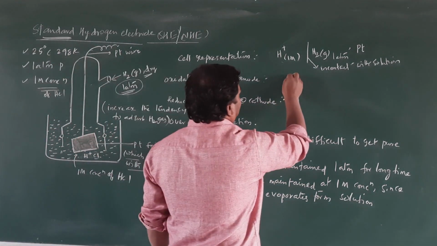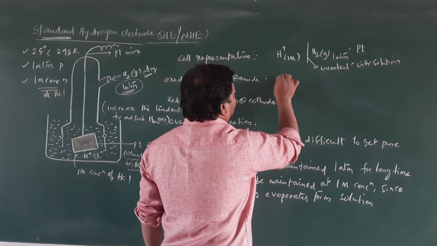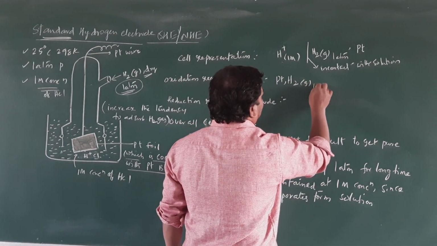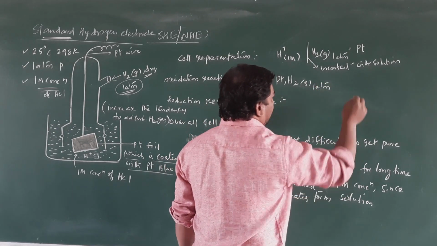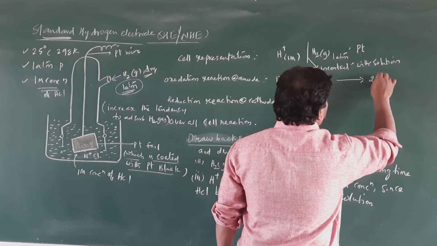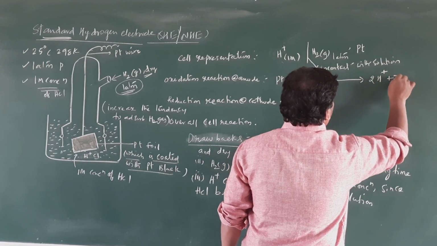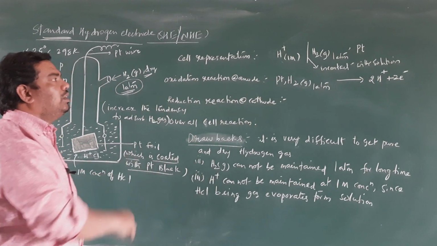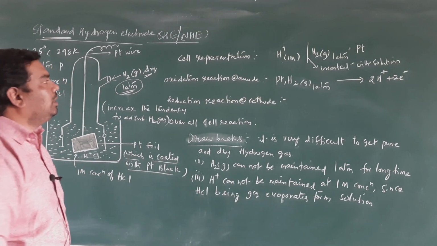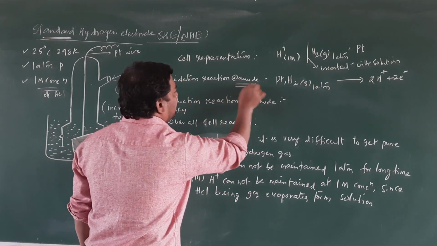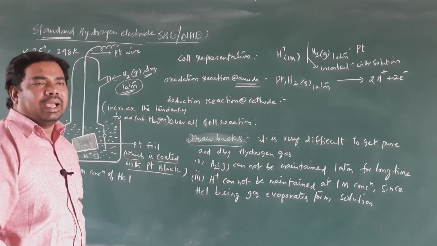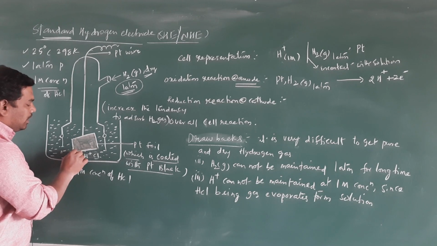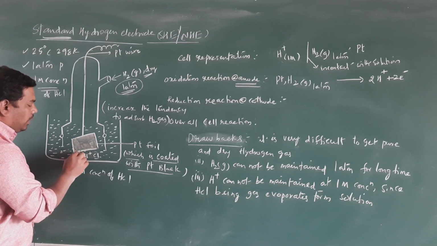Hydrogen gas at 1 atmosphere pressure is bubbled over the platinum wire, and it dissociates into H plus and releases 2 electrons. Therefore an oxidation reaction takes place, and it acts as an anode.